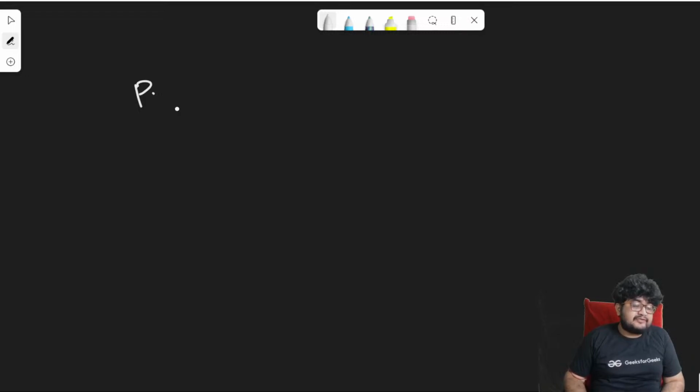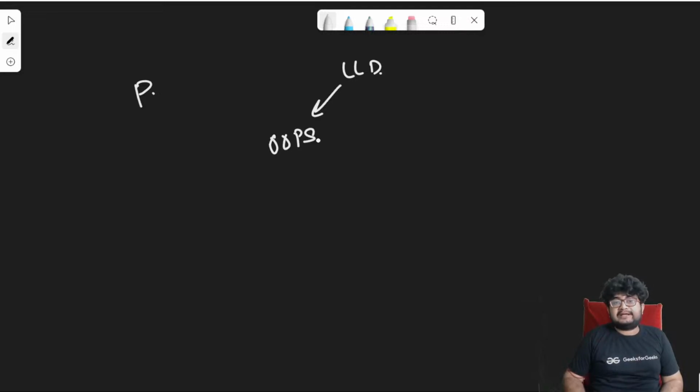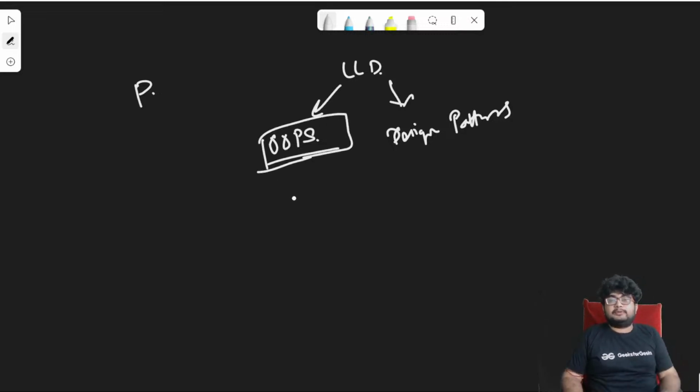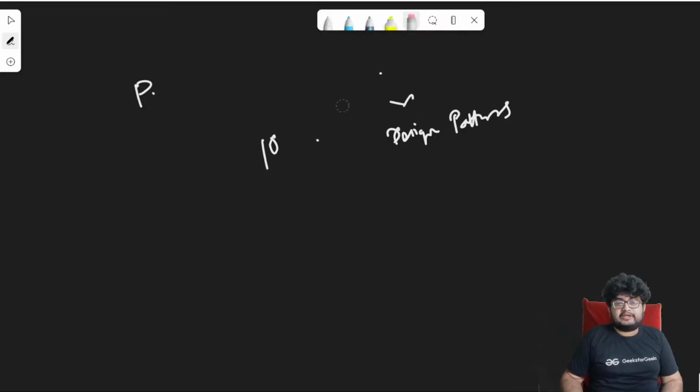Will an LLD question be asked for a fresher for SDE-1 at Amazon? LLD is a vast topic. LLD comprises object oriented programming and design patterns. Questions can be asked only on the OOP part, where you just have to determine class diagrams. You don't have to focus on design patterns, like whether you should use a factory pattern, observer, or decorator pattern.